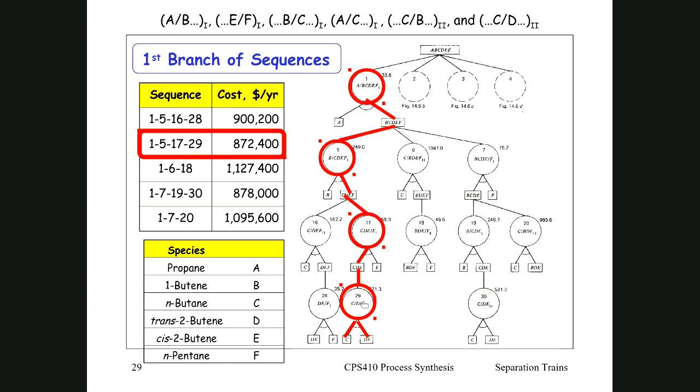Similarly, we can go across on the red one, add up those things, and we get $872,000 per year. This one, we can go down, and once we go past this distillation column, immediately we've got 1,047, which surpasses the total cost on that separation train. So you can actually stop at that point.